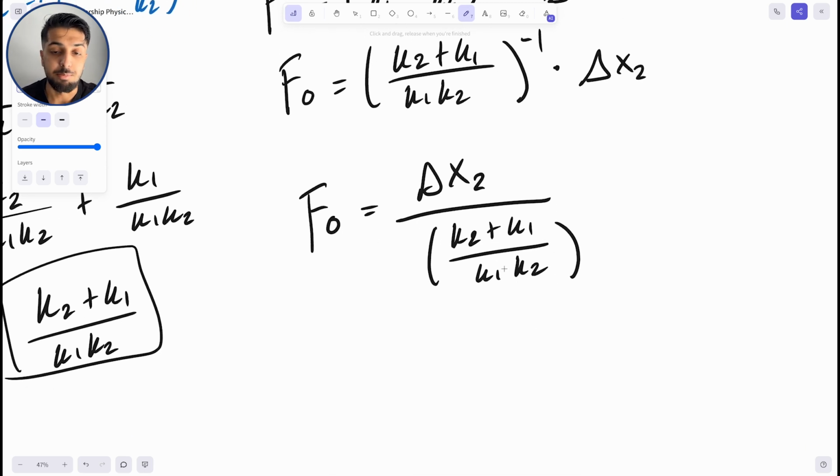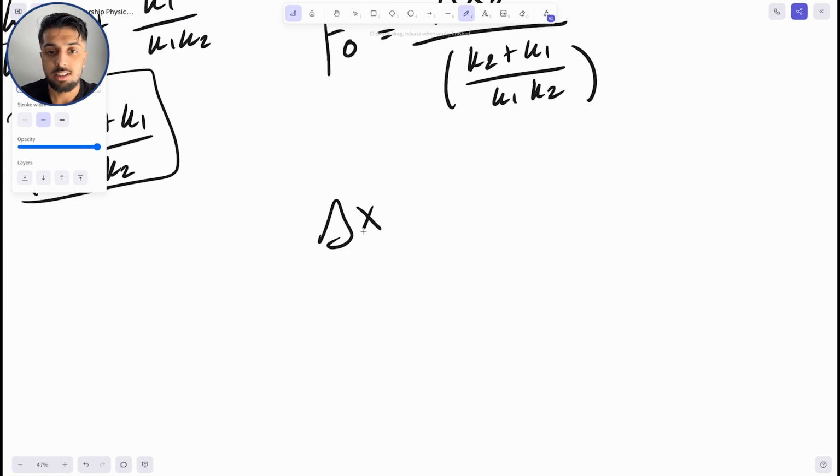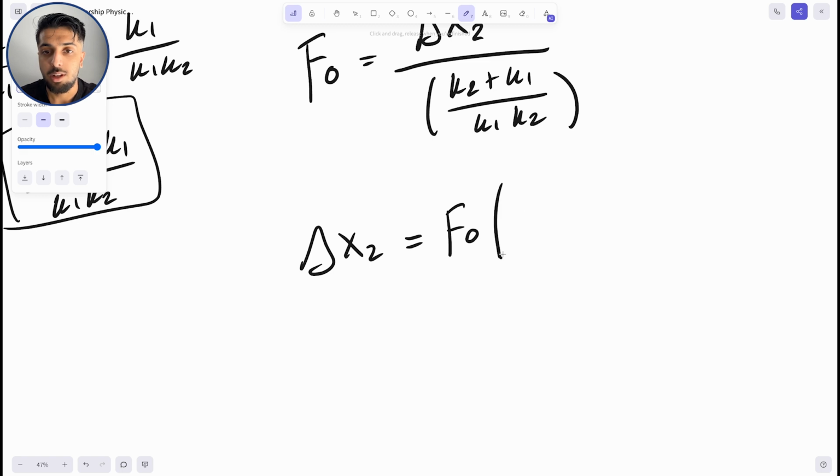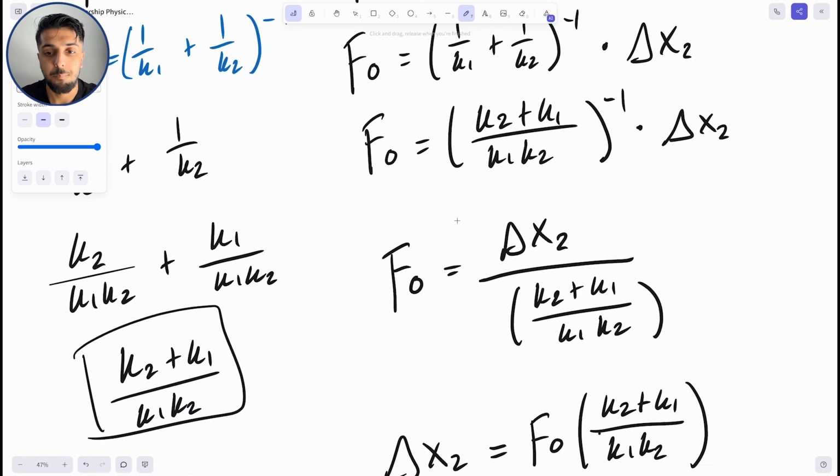Now we can multiply both sides by this right here, and we get delta x2 is equal to F0 multiplied by K2 plus K1 all over K1 K2. And there we go, we have this expression right here.